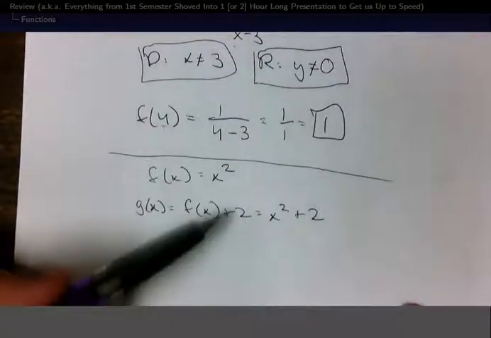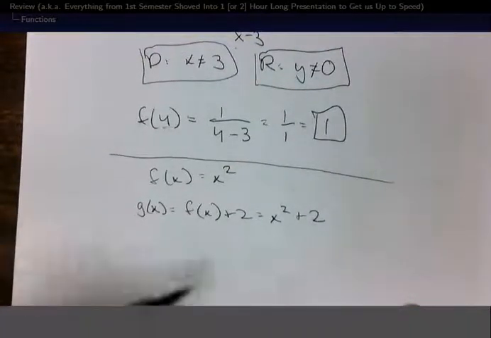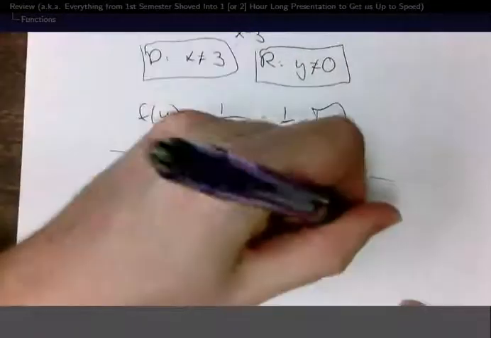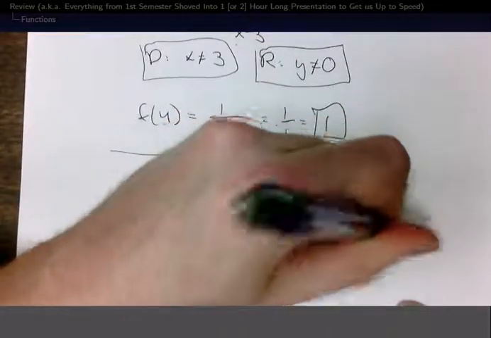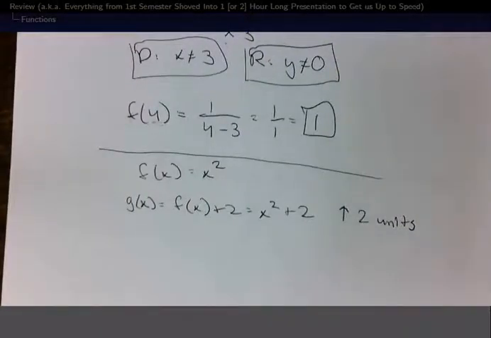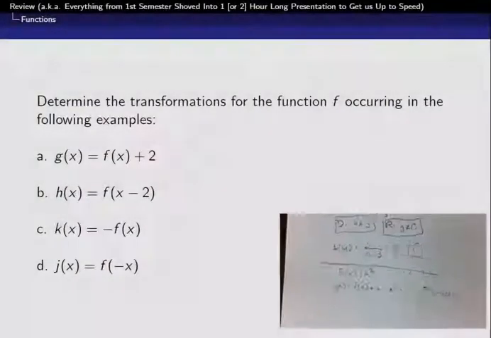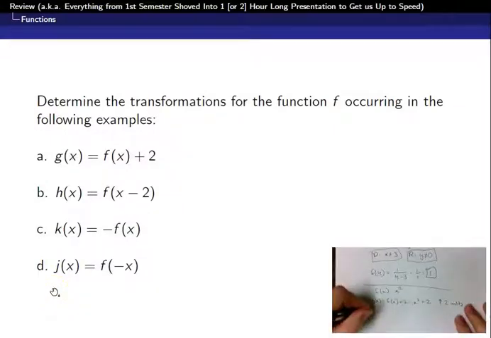If it's negative, I'm going to shift the graph down. So since this is positive, I'm going to shift the graph up 2 units. So that's mainly what I'm asking for these transformations here. So here I have h of x equals f of x minus 2.